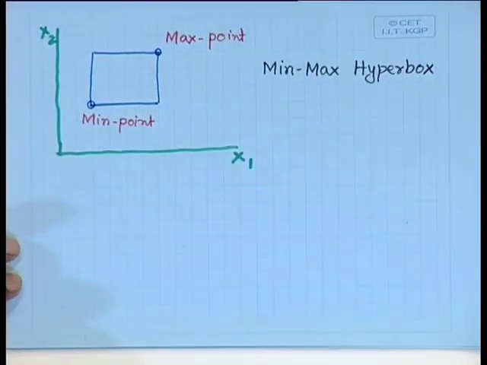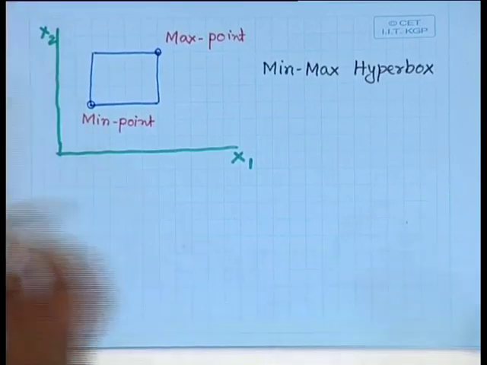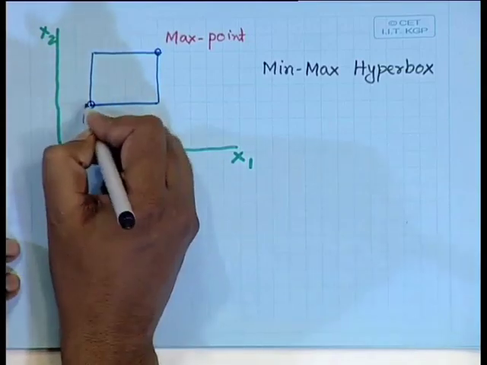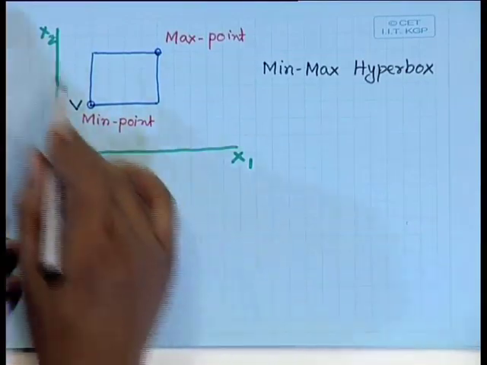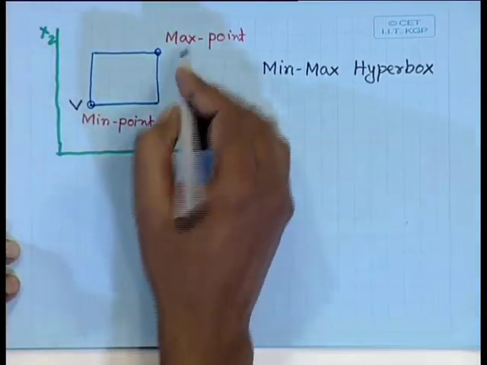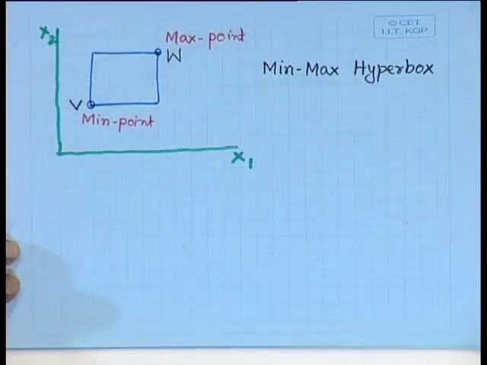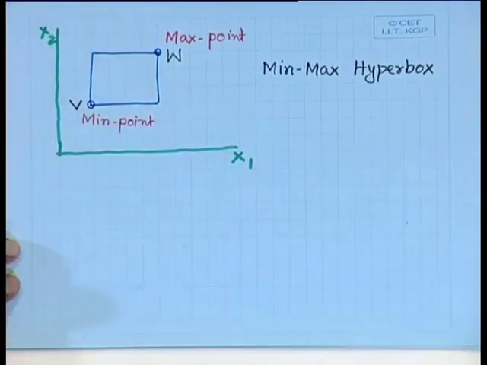Okay. And to see whether an unknown point is within this min max hyperbox or not, suppose this min point is represented by vector v, which will have x1 coordinate and x2 coordinate, which are minimum among all the points, and the max point is represented by, say, w, which also has x1 coordinate and x2 coordinate, which are maximum among all the points within this hyperbox.